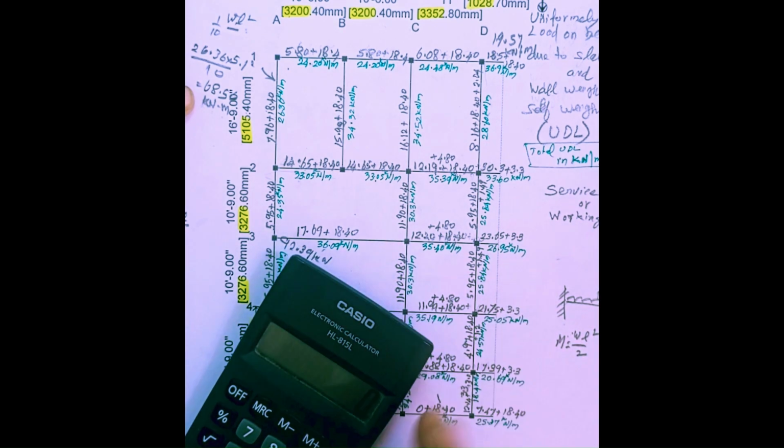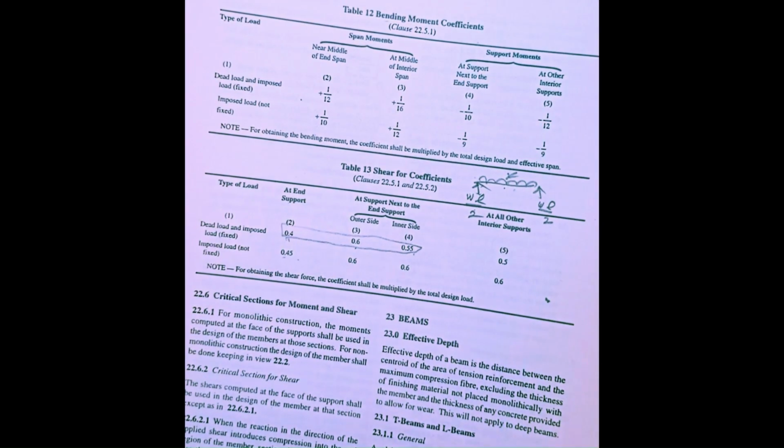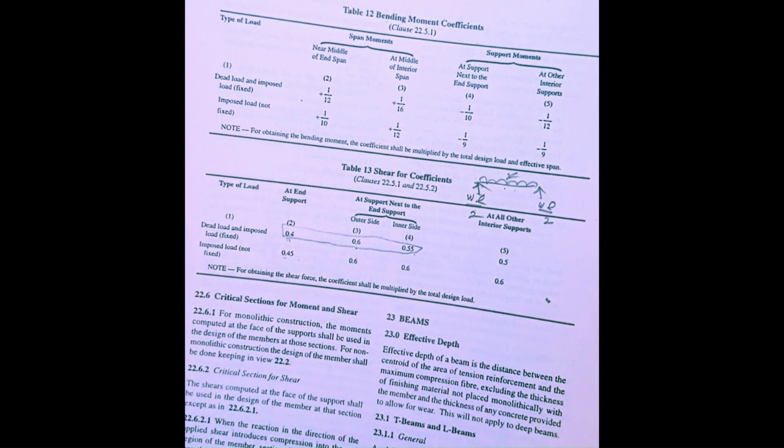As far as this area is concerned, this is 0.6 into WL. What is 0.6? This we have already taken on the inner side.